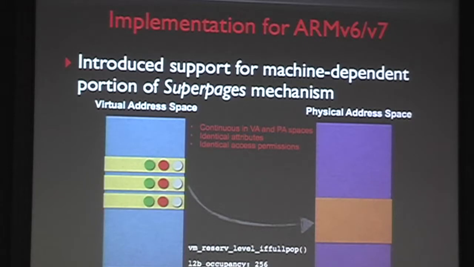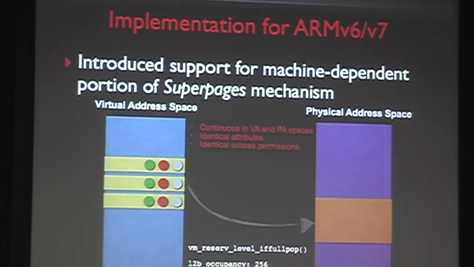Apart from that, we need to check that this mapping is continuous in the physical address space, since we know that it is continuous in virtual address space because this is how it is organized in the PMAP in the memory. But we still need to check the physical alignment and physical continuity. So we actually need to check each of the page table entries for their physical address and if they are correct.